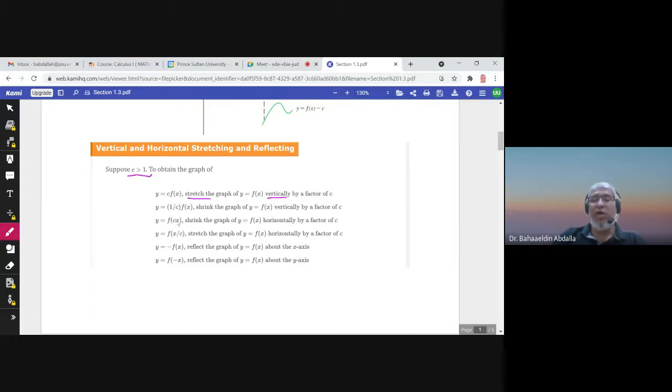So f of 2x will be horizontal shrinking. If it is half x, if it is less than 1, or you are dividing by c and it's greater than 1, then it's a horizontal stretching. So half x horizontal stretching, 2x horizontal shrinking, while 2y vertical stretching, half y vertical shrinking.